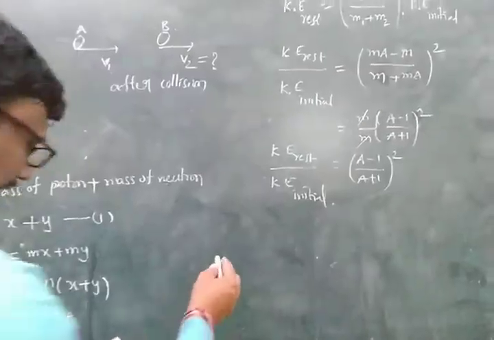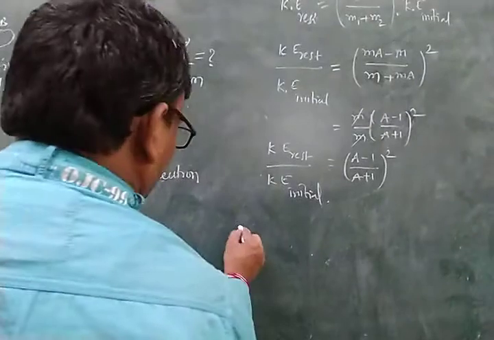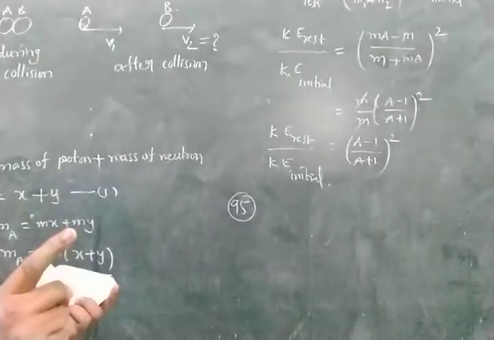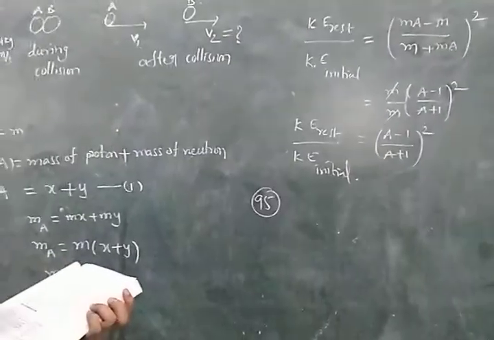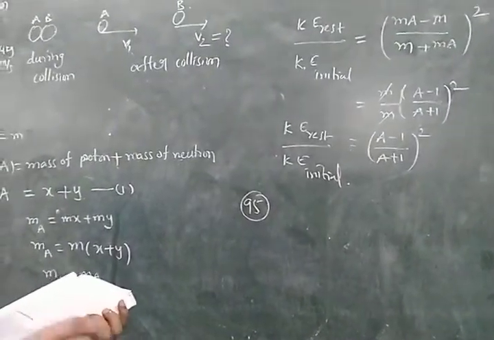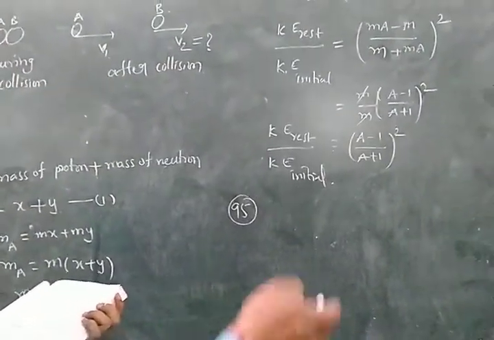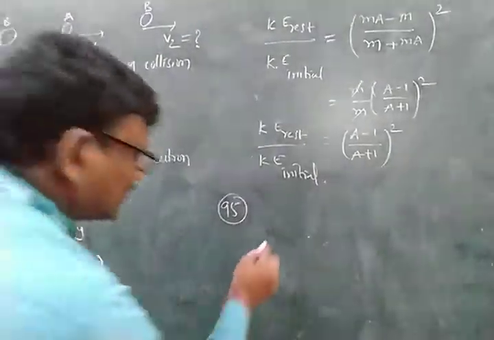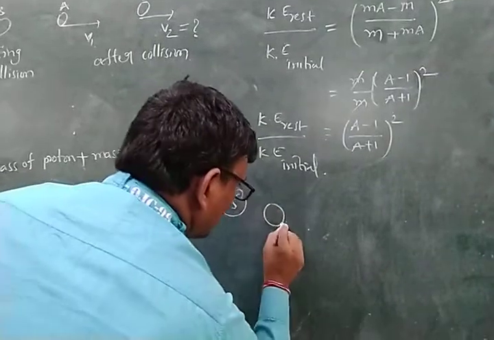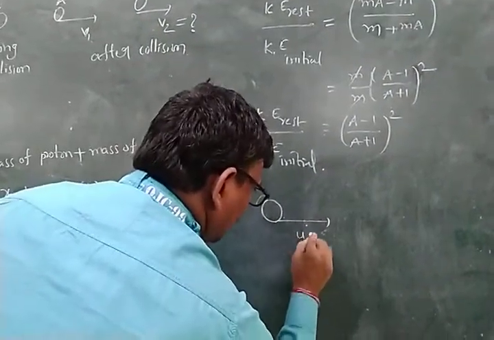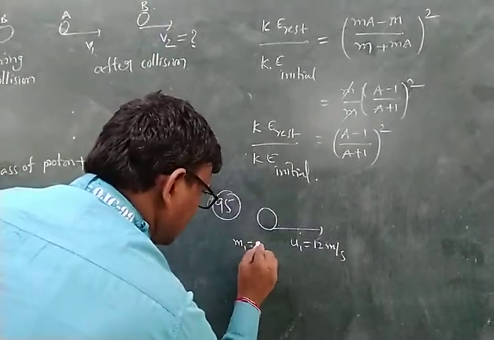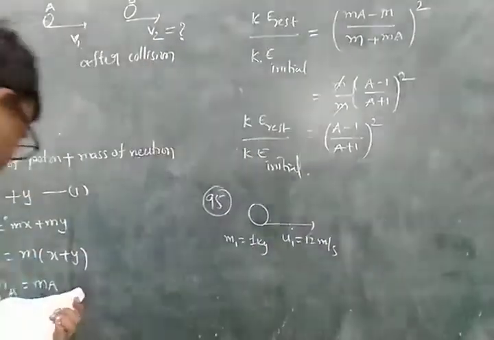See, this is 90. Next we see question 95. A 1 kg ball moving at 12 meter per second collides head on with a 2 kg mass ball moving in the opposite direction. See, this is the first ball, moving with velocity u1 equal to 12 meter per second and mass m1 equal to 1 kg.